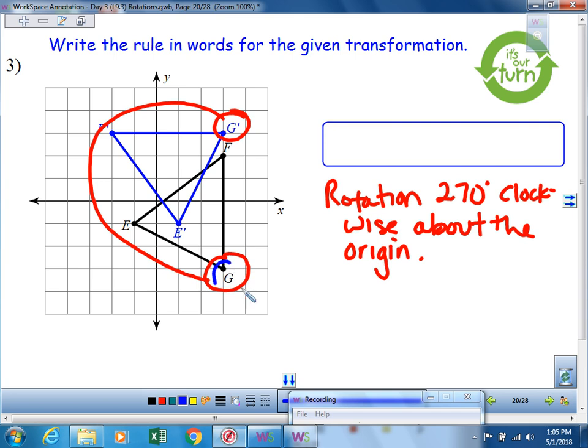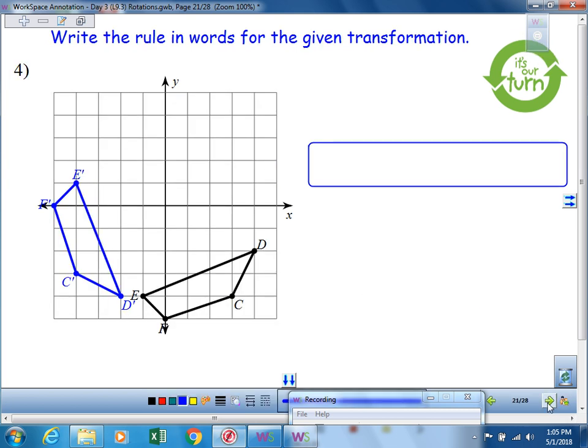Or you could have gone 90 clockwise. Or counter, sorry. Okay? How many of you started at G prime? Watch, you've got to start on the letter itself, not the letter prime. Okay, do this one. Remember, when you're counting the quadrants, don't count the one that you start in. How many you go through.